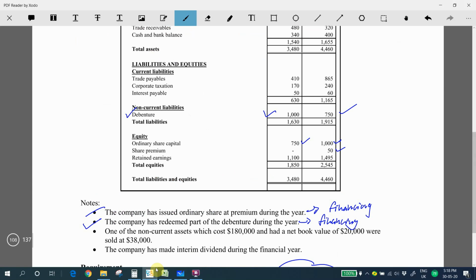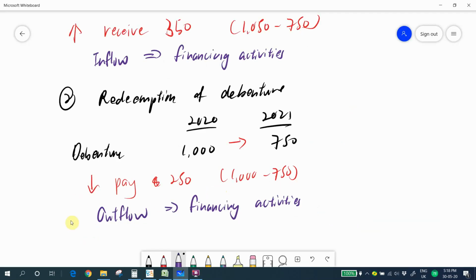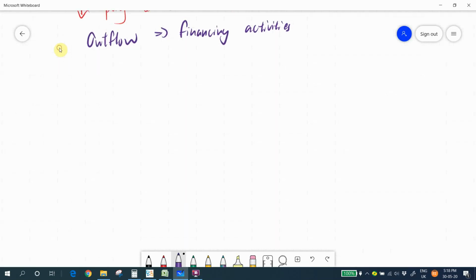Next information, one of the non-current assets which costs 180 and had a net book value of 20,000 was sold at 38,000. So this information is related to your non-current asset, so we can say that this is related to your investing activities. So what is the information for this? We have to draw a few accounts to identify this, and this is the third one.